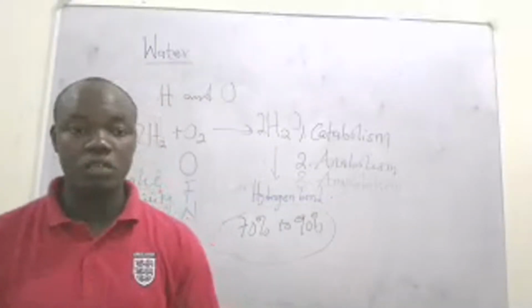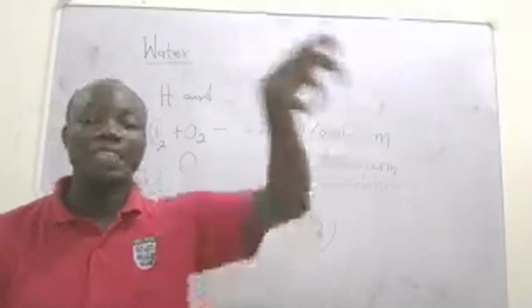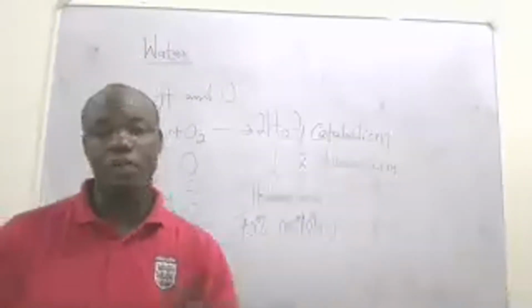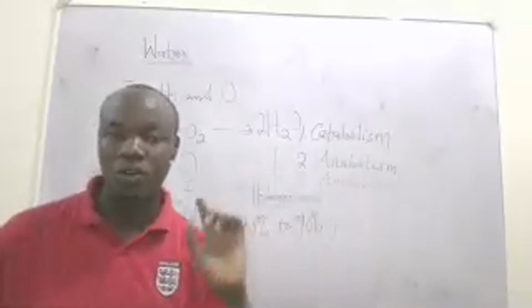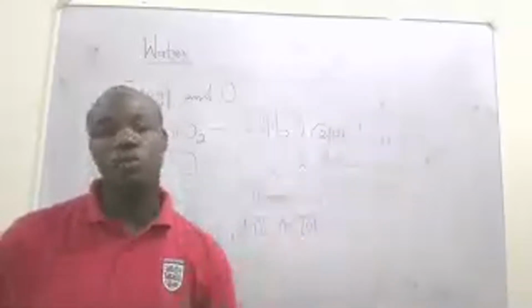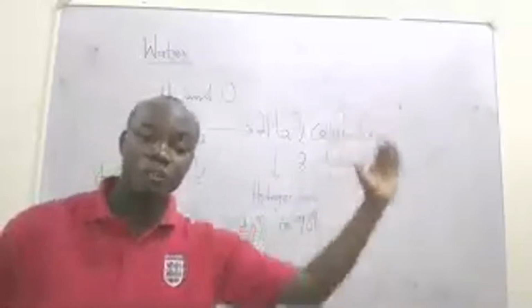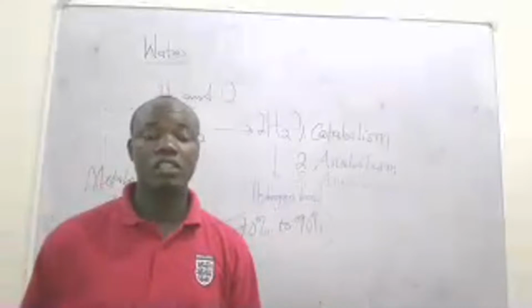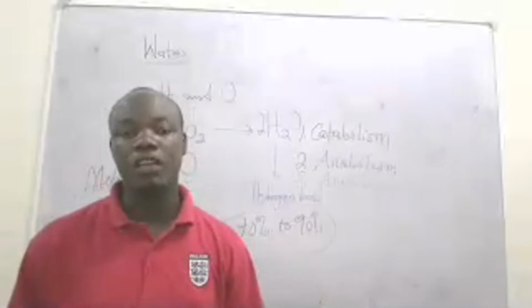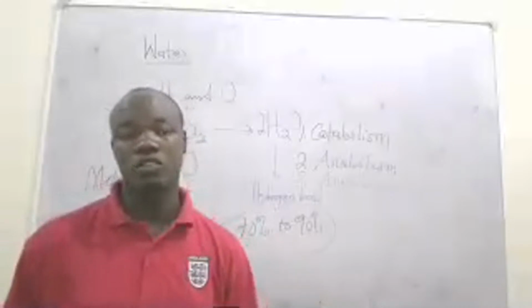When we say catabolism, it means you have larger molecules like carbohydrates that we have talked about. For example, glycogen is an example of a macromolecule. Glycogen is a polysaccharide made up of thousands of glucose units.